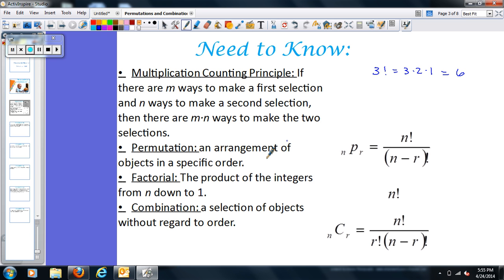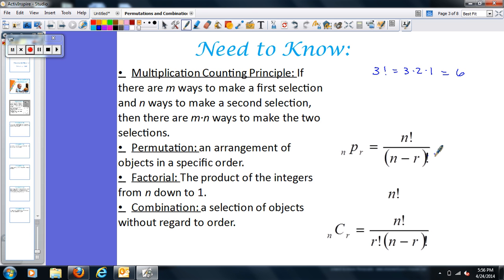All right? So, a combination is a selection of objects without regard to order. So in a combination, order doesn't matter. In a permutation, it does matter. Okay, so for a combination, it's n items being chosen r at a time, and that equals n factorial over r factorial times n minus r factorial.